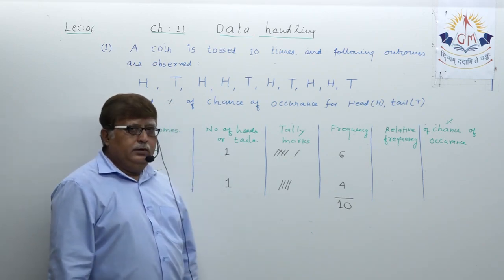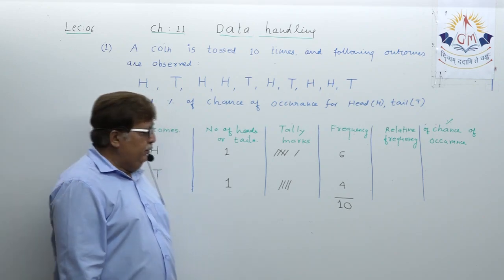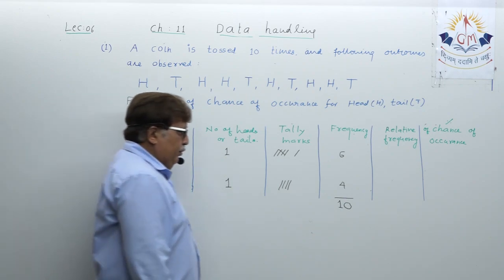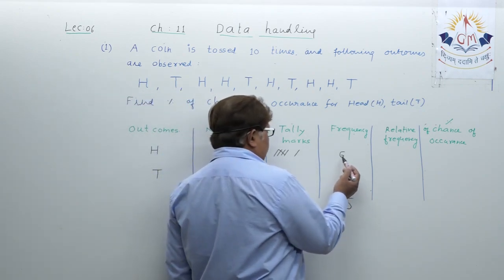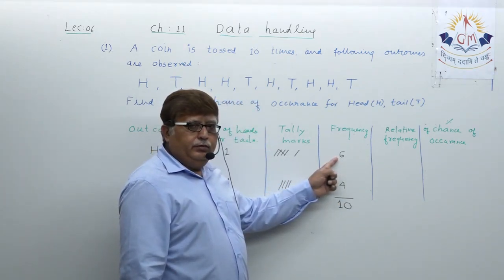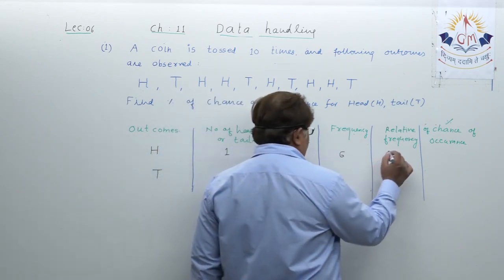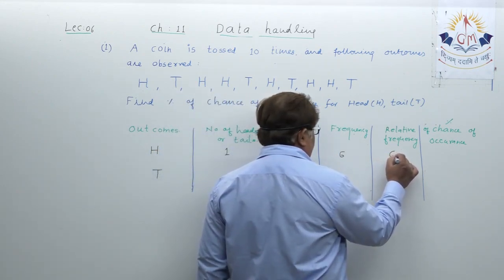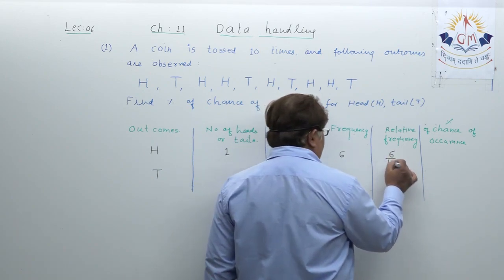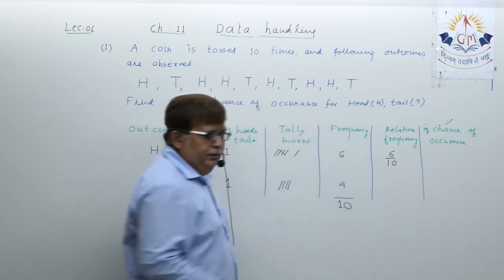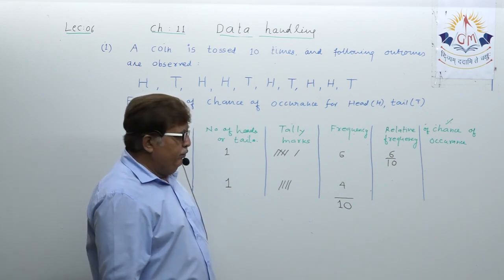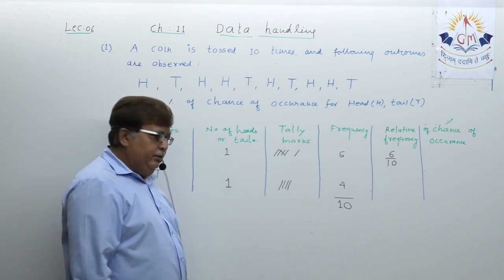Let us try to find a relative frequency for both. Do you know how to find the relative frequency for this? You will write this way, dear student, 6 upon 10. I am not cancelling. You can do it, but I am keeping it as it is for the time being.